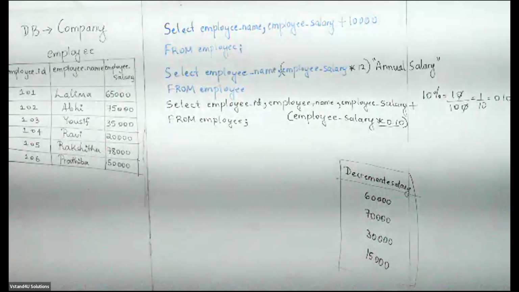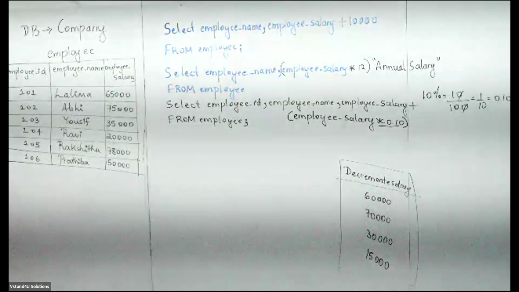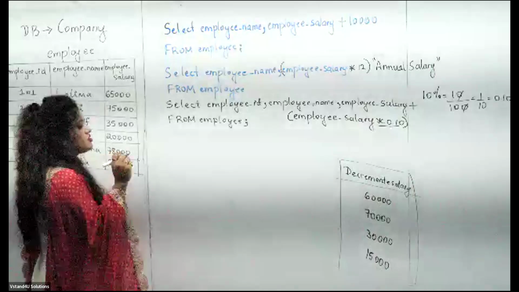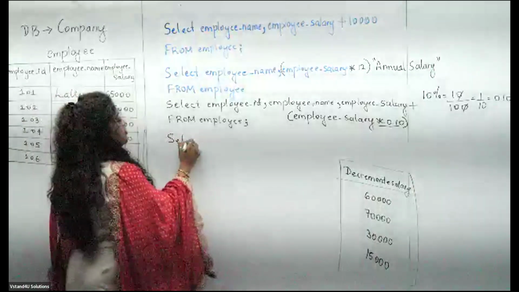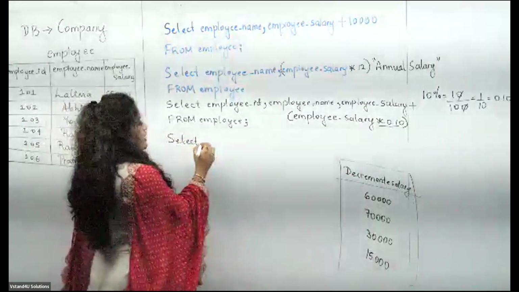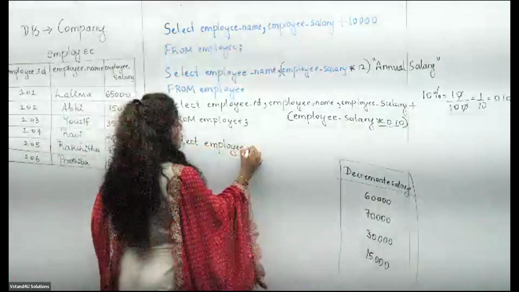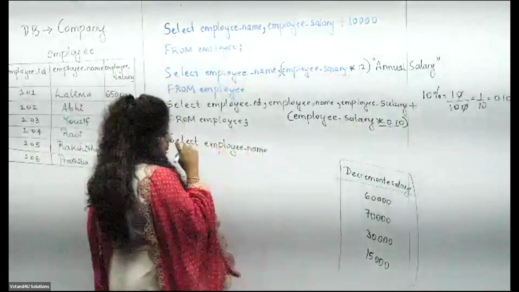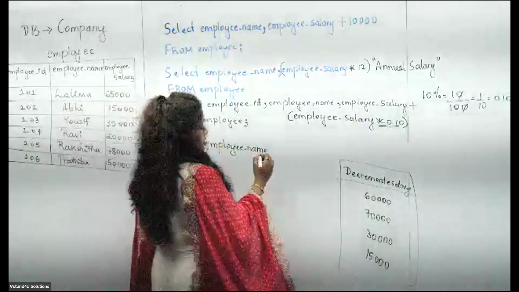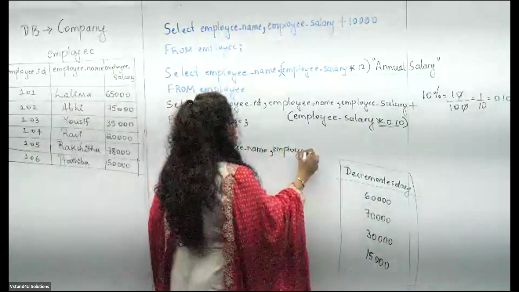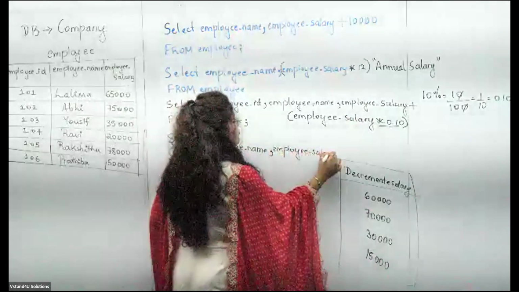Yes, you can write this query in 2 ways. Can you tell me what is the first query? Employee name, comma, employee salary.